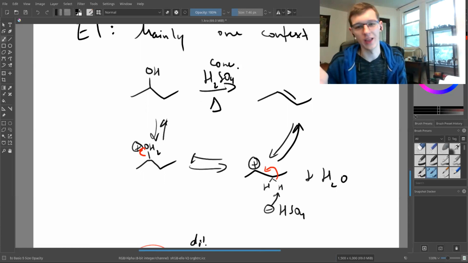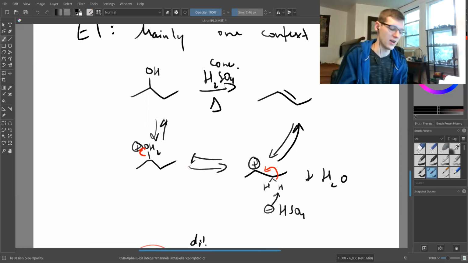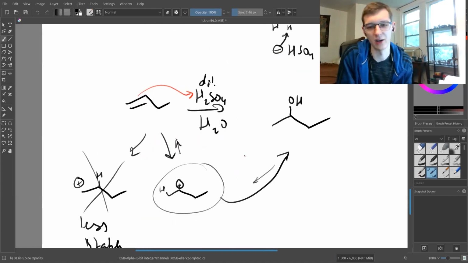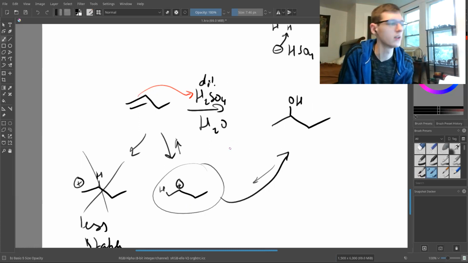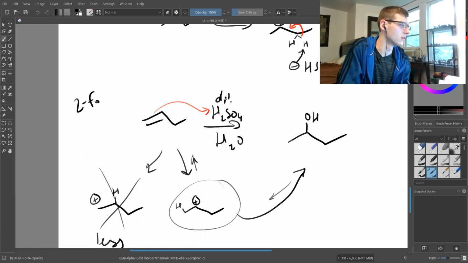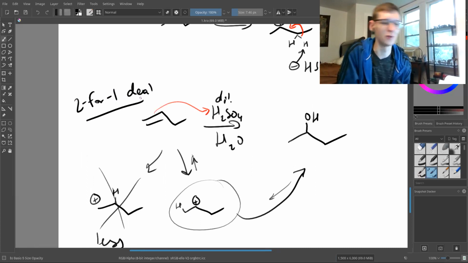It's going to go more or less to completion, as close as you can get it. Similar thing here. You add so much water that this can reasonably happen. There we go. It's a 2-for-1 deal.